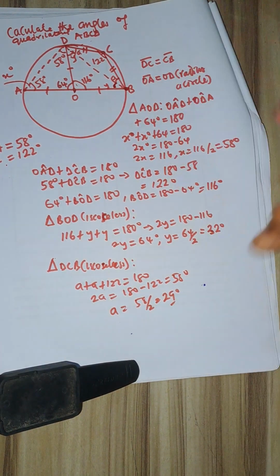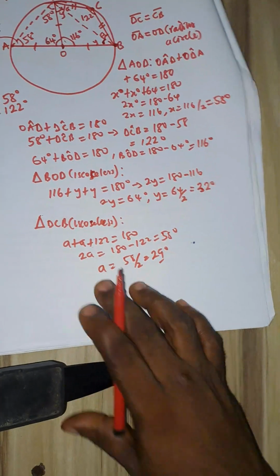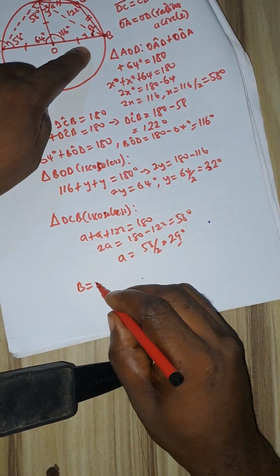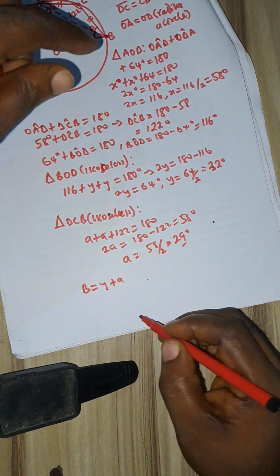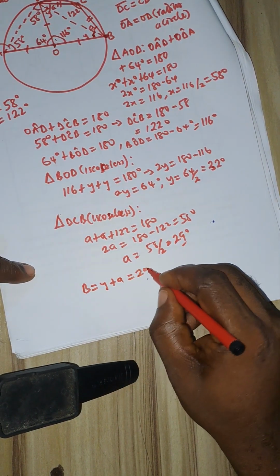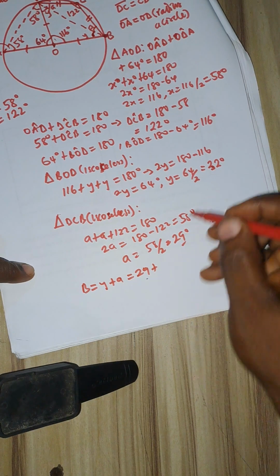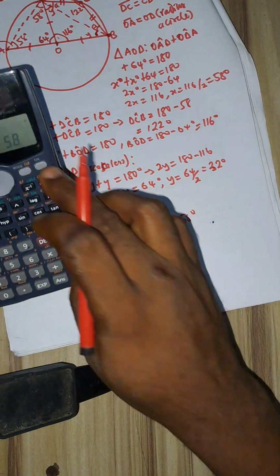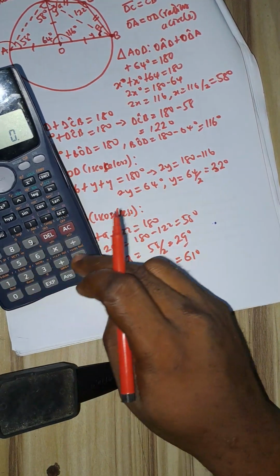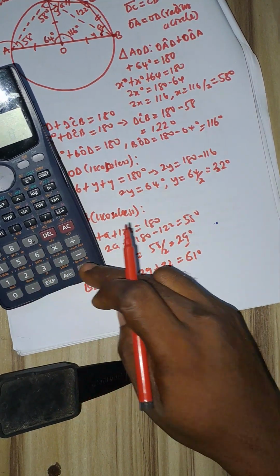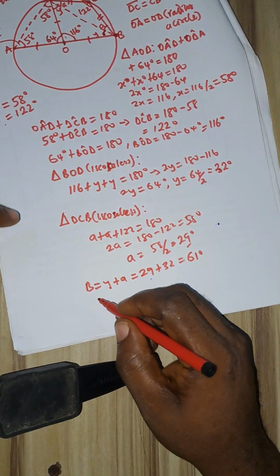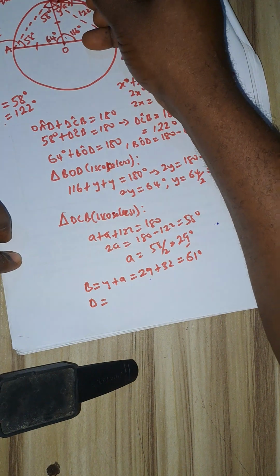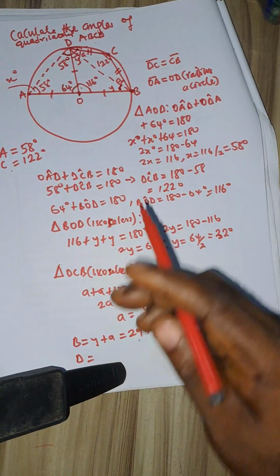So you can see B is y plus A. That gives us 29 plus 32. This will be 61 degrees. Then D is 58, plus the whole of this angle. See that? D is the whole of this angle.